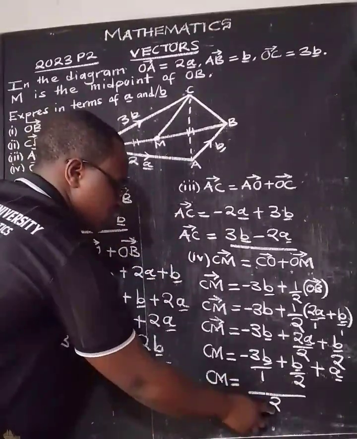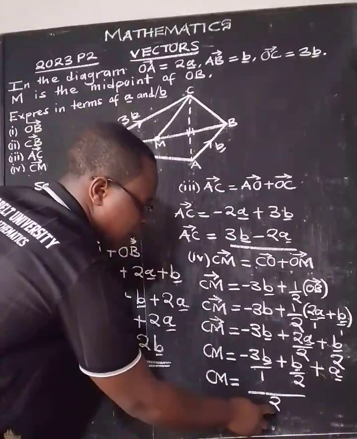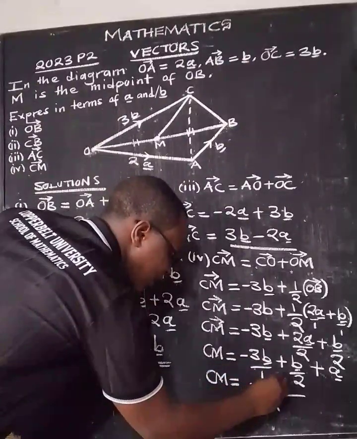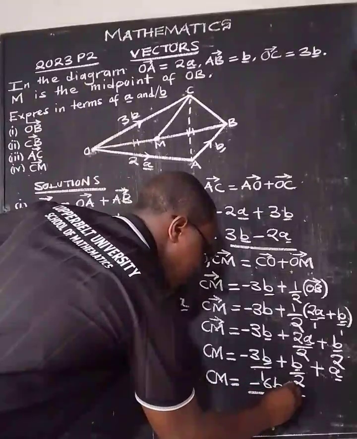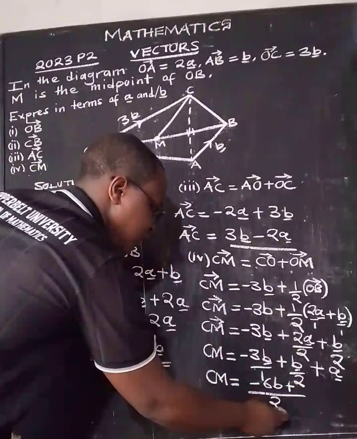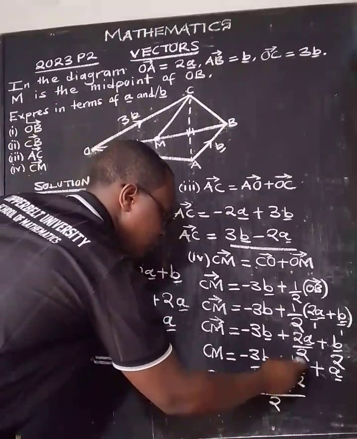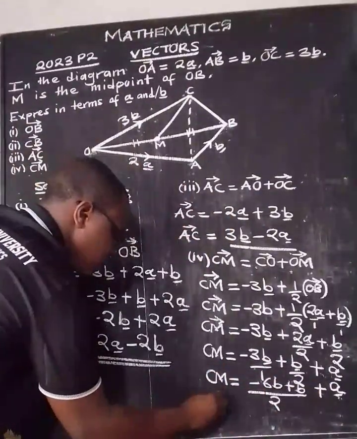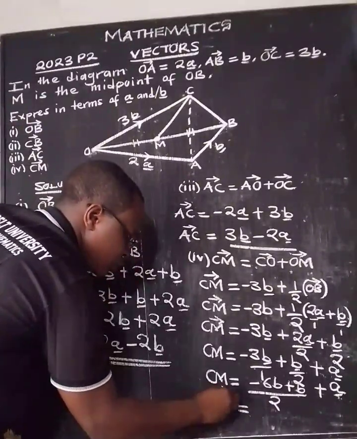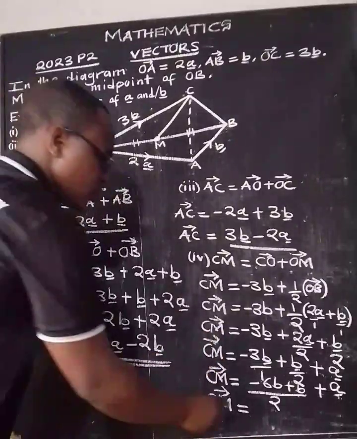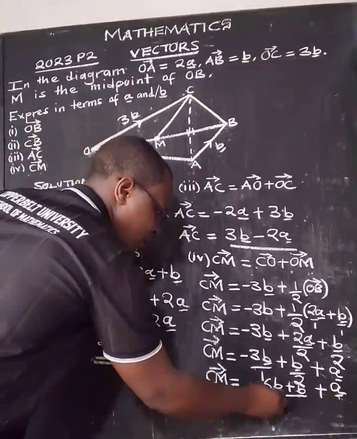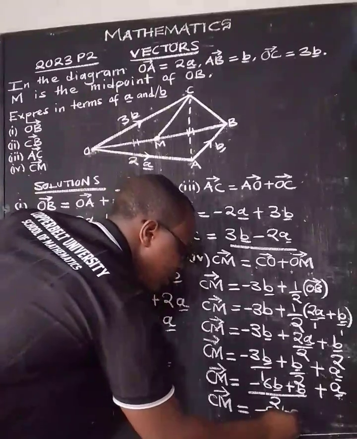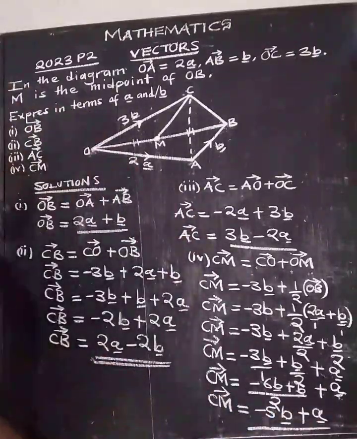Okay, 2. 2 times negative 3 vector B gets negative 6 vector B. Okay, then plus vector B over 2 times 2 is 1, 1 times B gets B. Then plus vector A. So CM is equal to negative 6 vector B plus vector B gets negative 5 vector B plus vector A. So this is our answer.